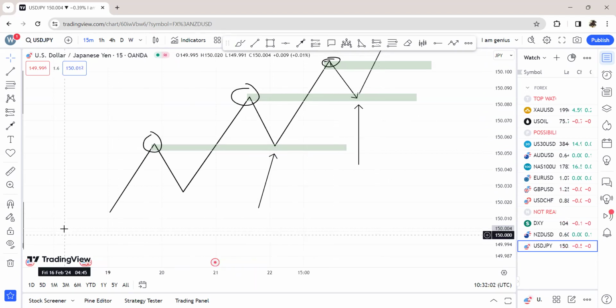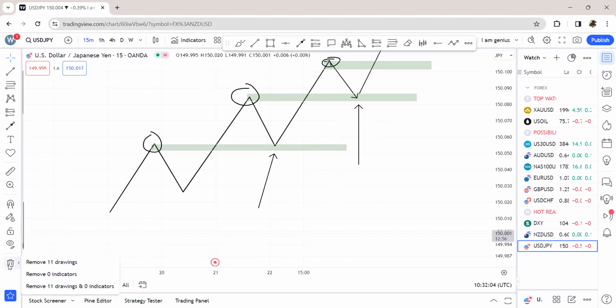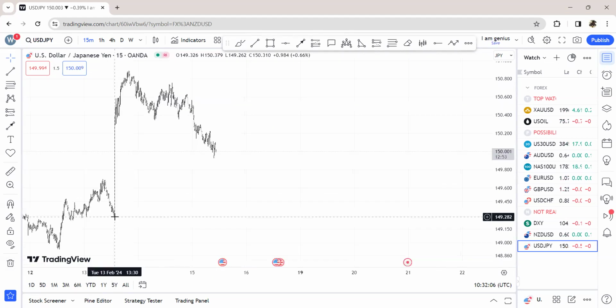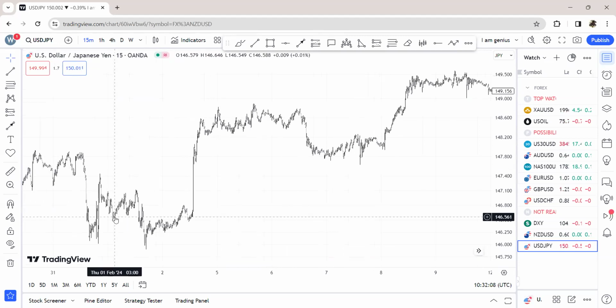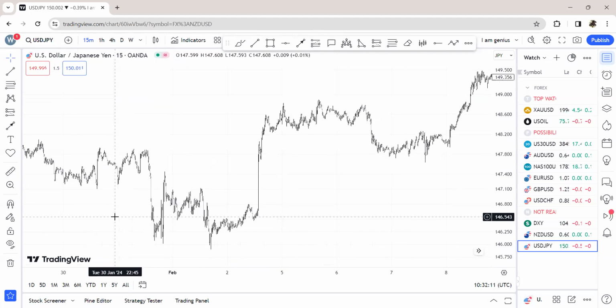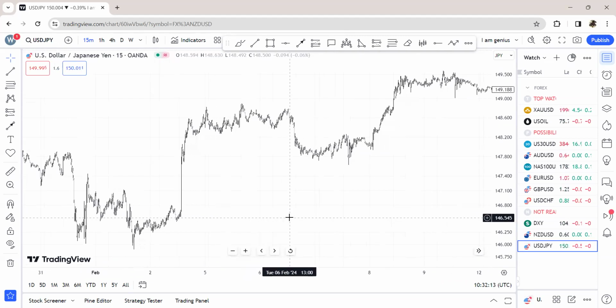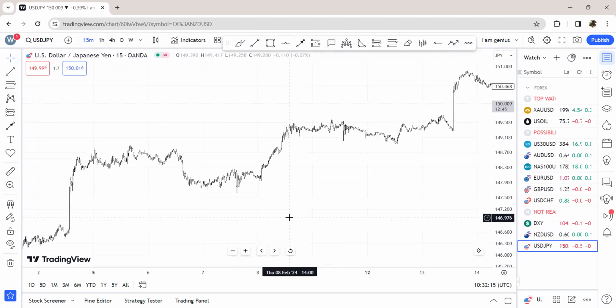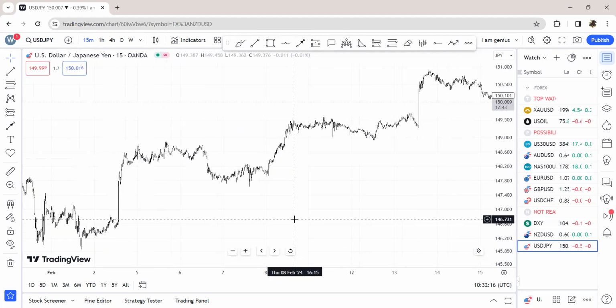Then a practical example, let's quickly go to the market. Let me just drag this so that we can actually try it here on the live market. See what I was talking about.